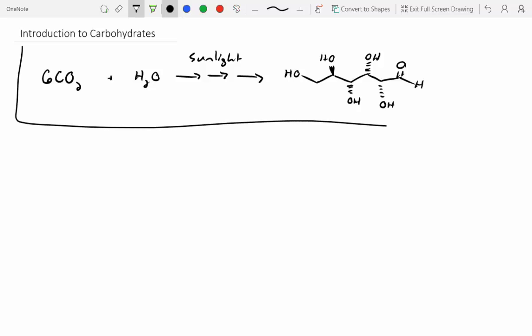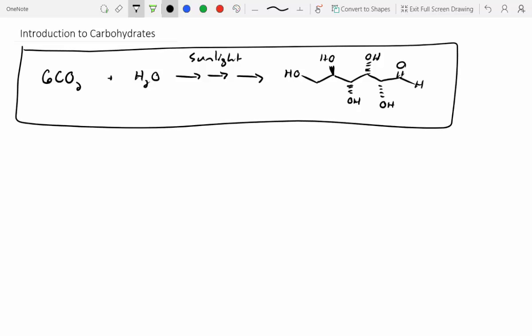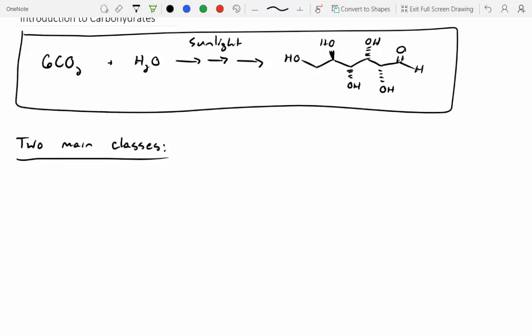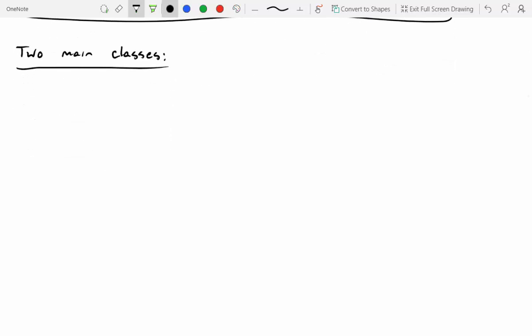However, I did want to introduce the main classes of carbohydrates from an organic point of view. There are 2 main classes. The first one, and I'm going to start using Fischer projections again, I know, is where you have an aldehyde on the top.